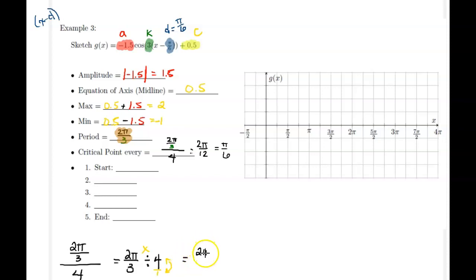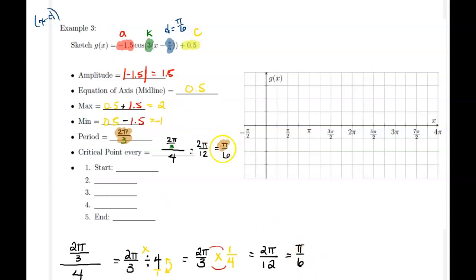This is going to be 2 pi over 3, but now we are multiplying by 1 over 4. When we multiply fractions, we multiply the tops and multiply the bottoms. 2 pi times 1 is just 2 pi, and 3 times 4 gives me 12. So that's how 2 pi over 3 all divided by 4 is equal to 2 pi over 12, which we reduced down to pi over 6.